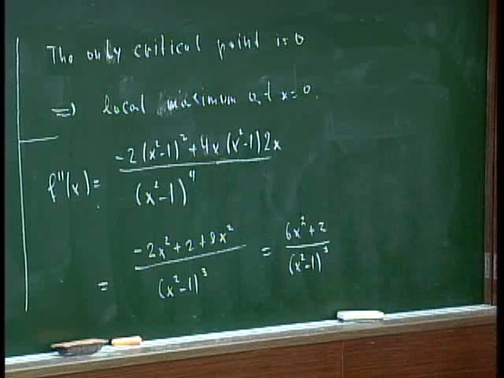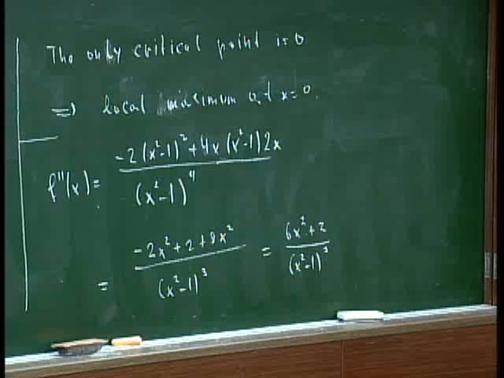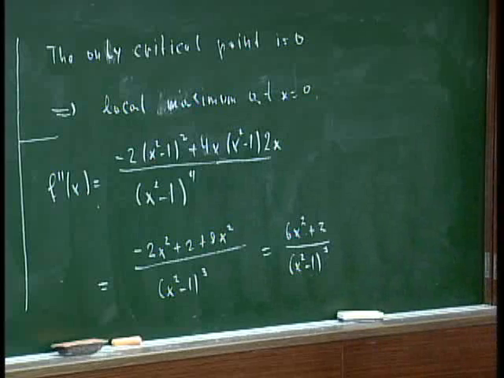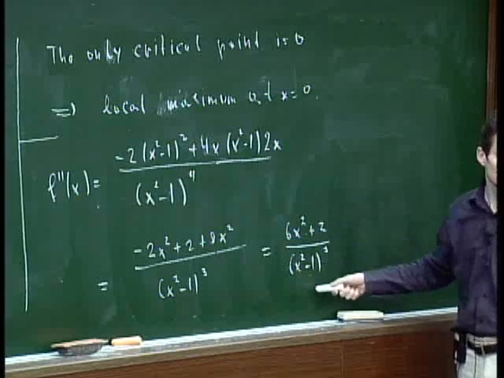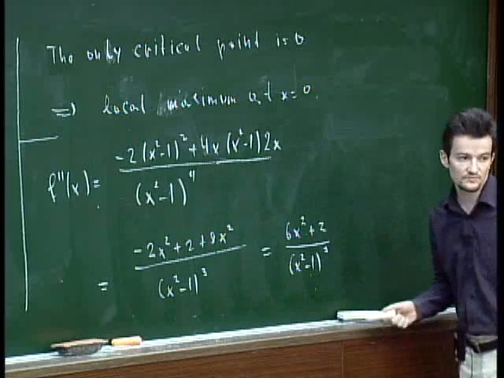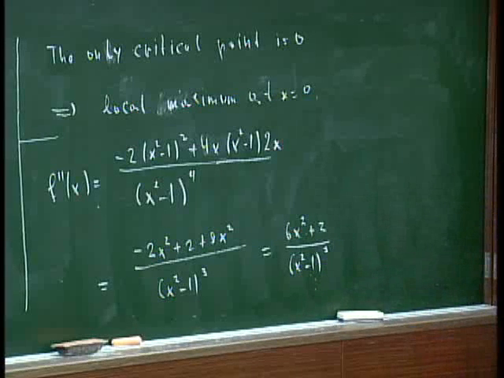Okay, and you see that the numerator is always larger than 0. So you just have to look at the denominator, and you see if the absolute value of x is larger than 1, then what you get is something positive, which means concave upward. And if the absolute value of x is smaller than 1, then you get something negative, which means concave downward.